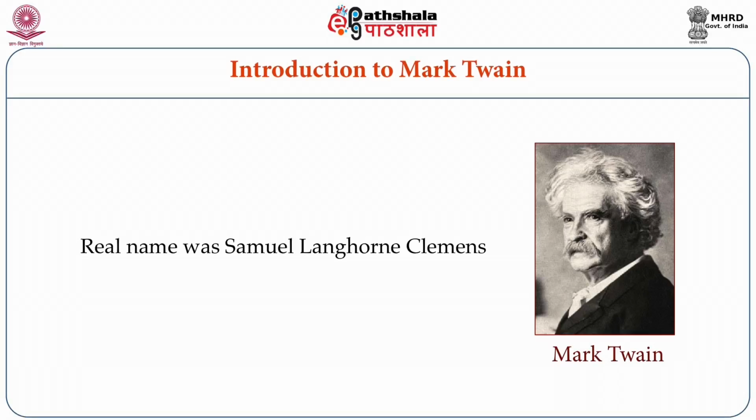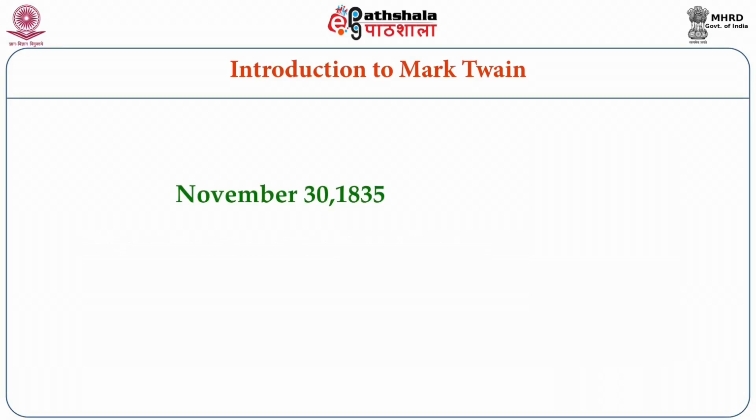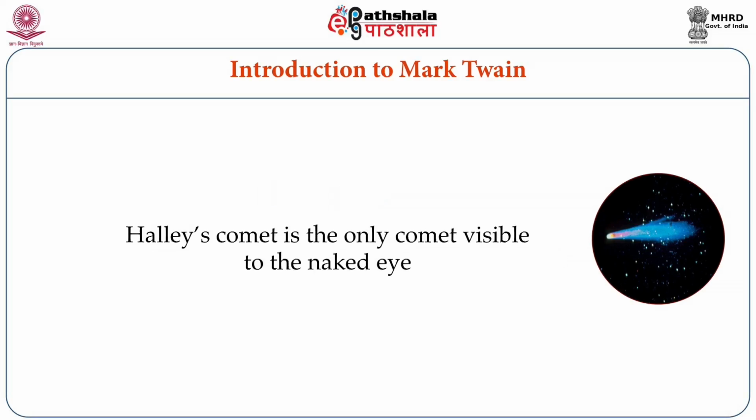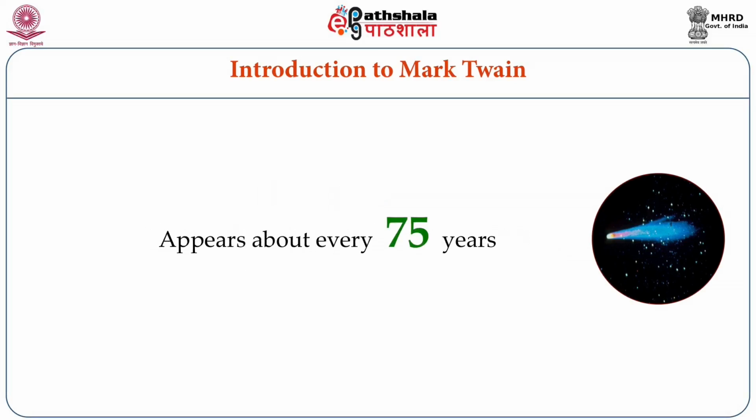Now something about the biographical details of the author of this book, Mark Twain. His real name was Samuel Langhorne Clemens. He was born on November 30, 1835, the night Halley's Comet flashed across the sky. Halley's Comet is the only comet visible to the naked eye, and appears about every 75 years.